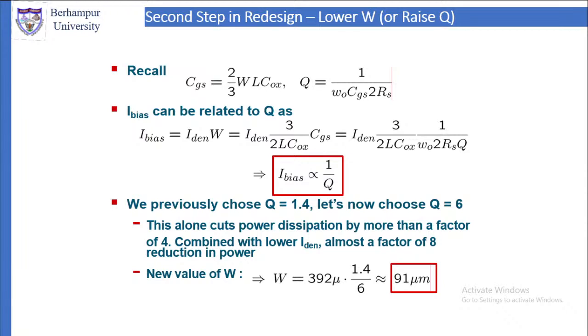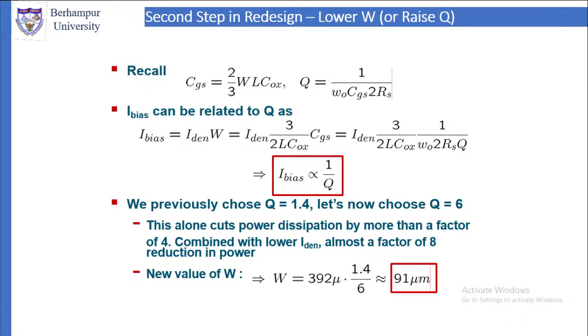Now remember this. The second step in the design is we have to lower the W or raise the Q. How much will we raise the Q or how much will we lower the W? First is the gate source capacitance, that is 2/3 WL COX. Q is equal to 1 upon omega 0 CGS into 2RS.